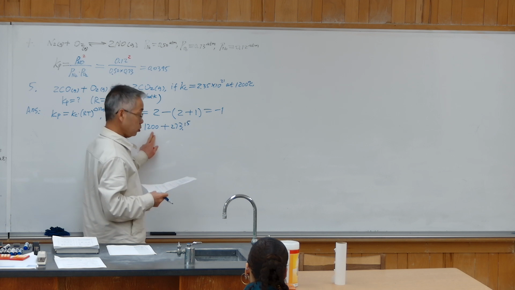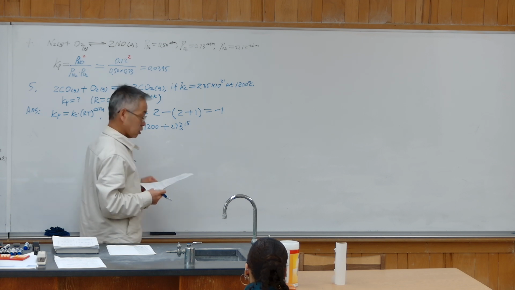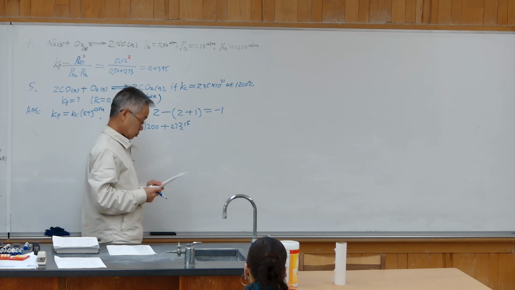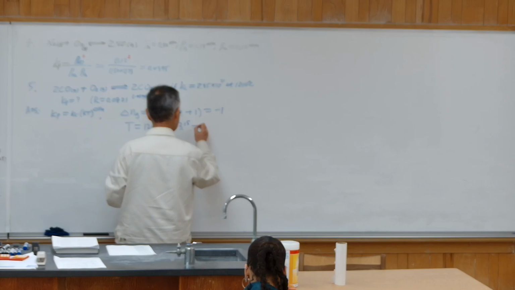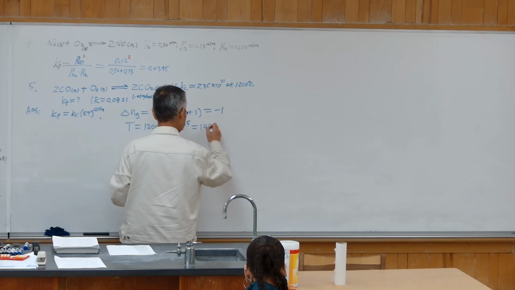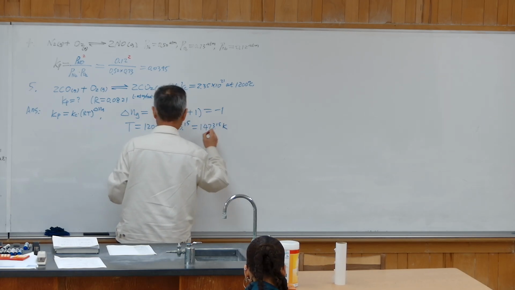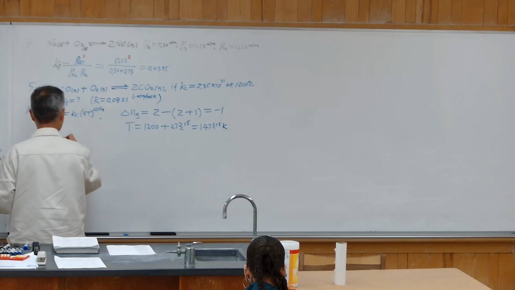But if we use 1200 directly, this is wrong. So it is 1473.15 K. Now we can plug into this formula.